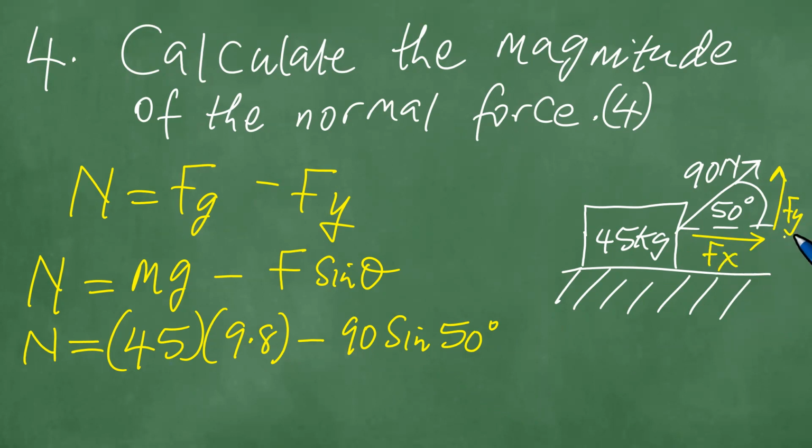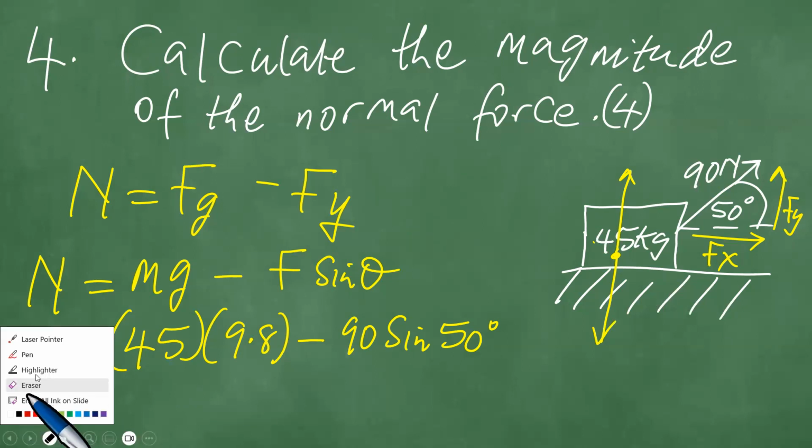Okay, you realize that here you'd have the F sub x, F sub y. And this box here has its own weight, which is through the center of gravity. So when that happens, you'll be able to see that for us to find the magnitude of the normal force, you have to look at the vertical forces that act on this object here.